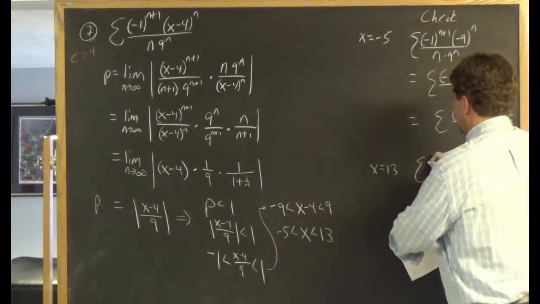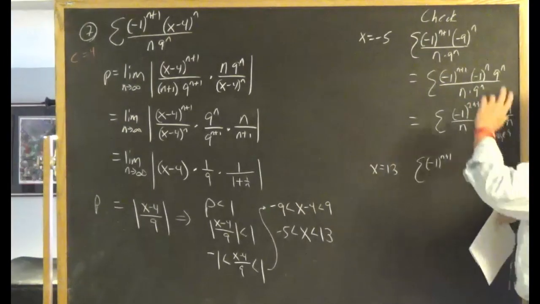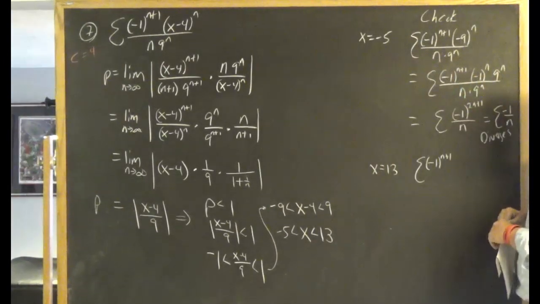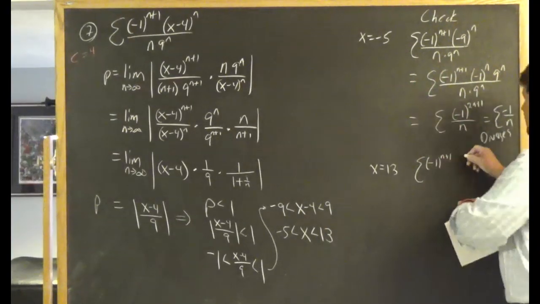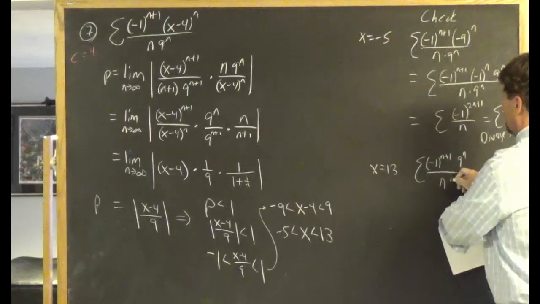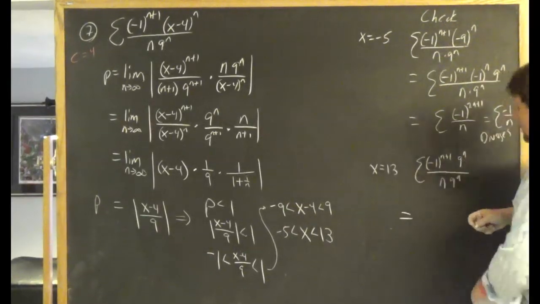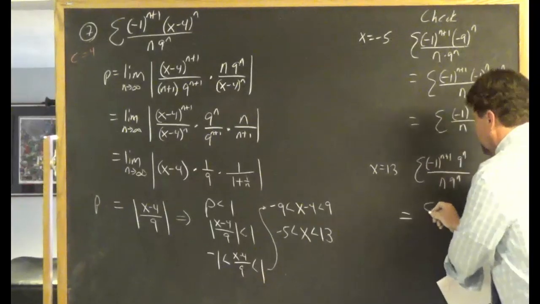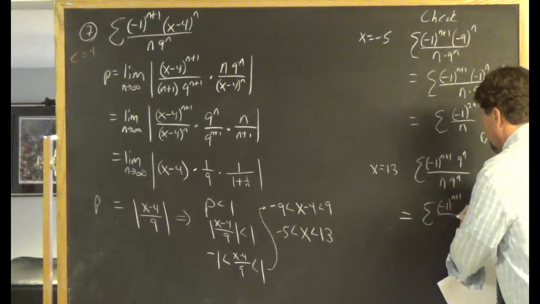Oh, but we better check 13. So we put 13 back in for the x into the original power series. So you'd have 13 minus 4 is 9. The 9 to the n's cancel out, so you have the series -1 to the n plus 1 over n.